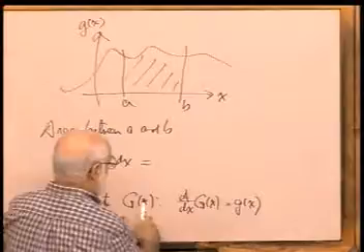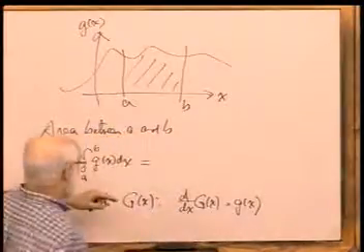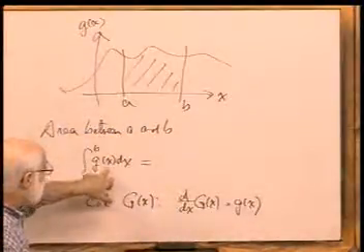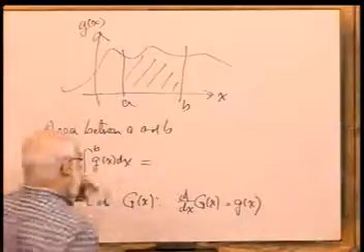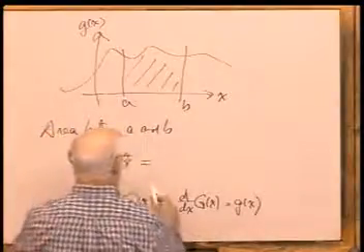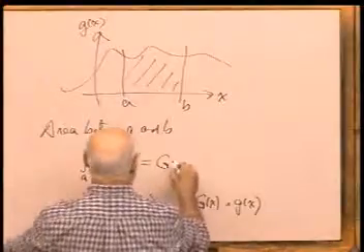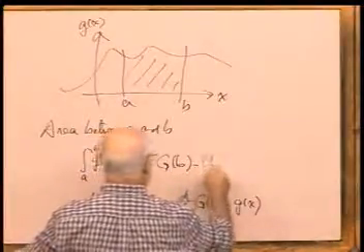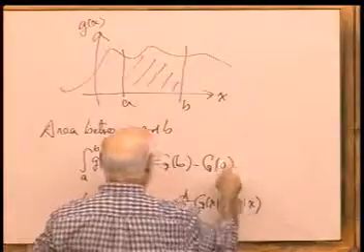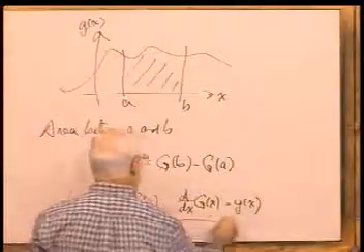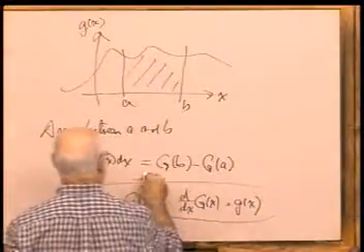If I have another function whose derivative happens to be the function whose area I'm trying to evaluate, then this area is given by this new function evaluated at the upper limit minus the new function evaluated at the lower limit. So the fundamental theorem of calculus comes right in here.